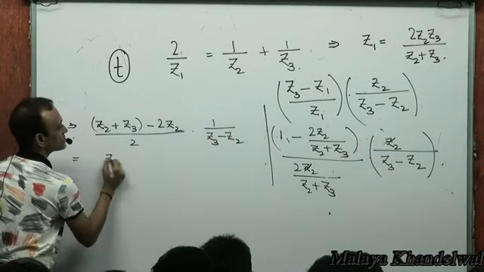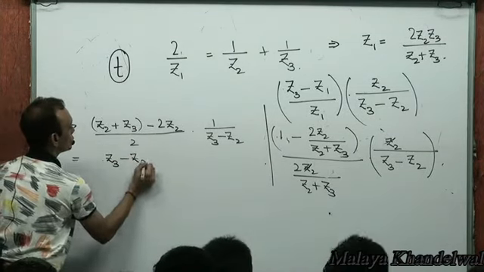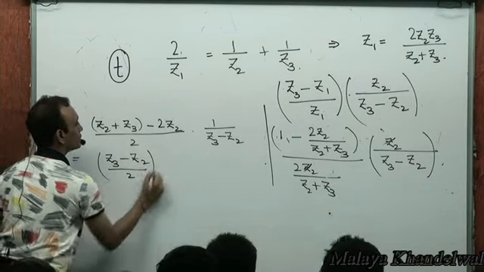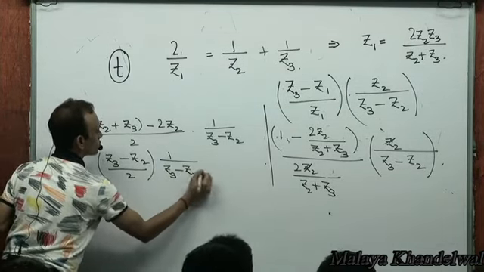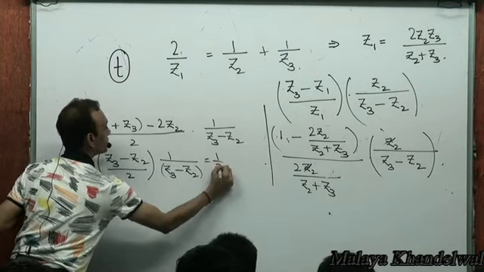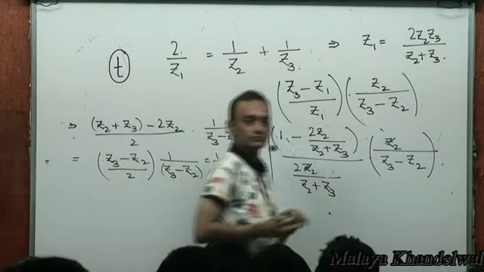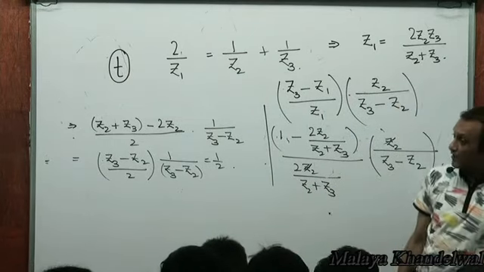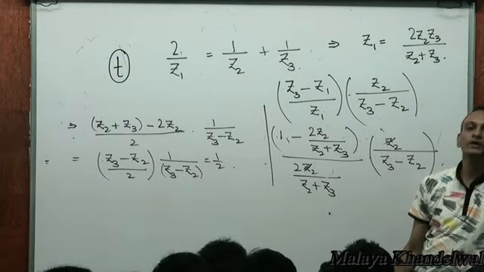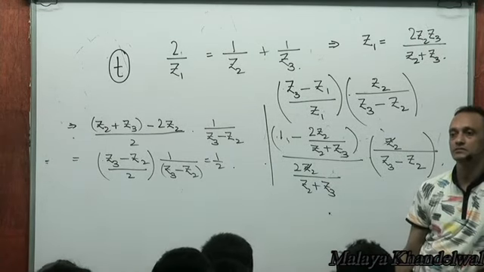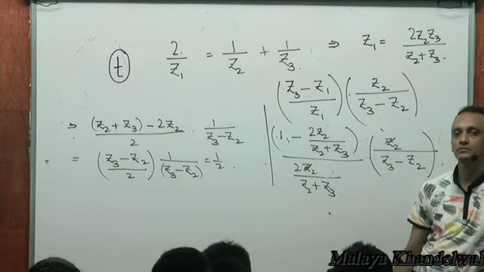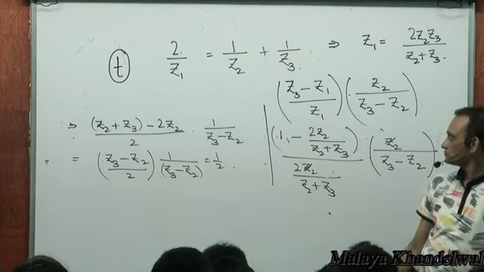So which is like (z3 minus z2) divided by 2, into 1 by (z3 minus z2), which is a real number, half. So the argument of this will be 0, and all other conditions would hold good as expected. Right?